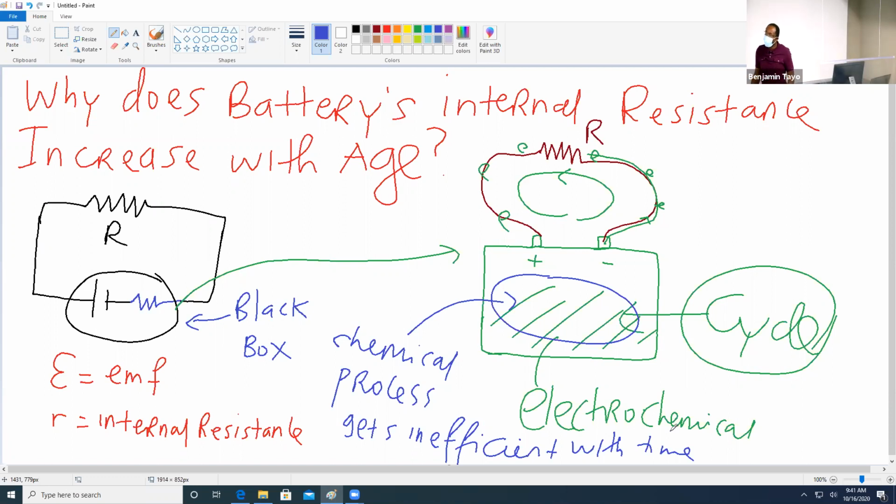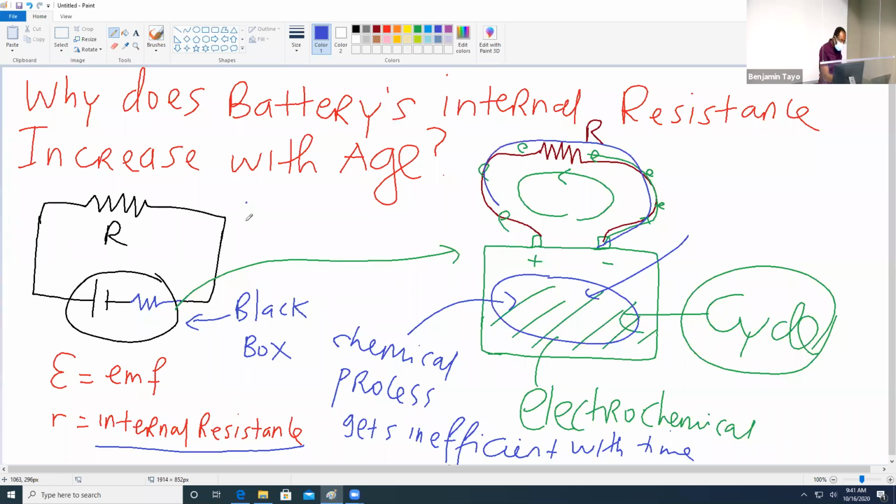And so all of this is going to show up as resistance. So when we talk about an internal resistance, we're just saying that the ability of the battery to move charges around is reducing, right?